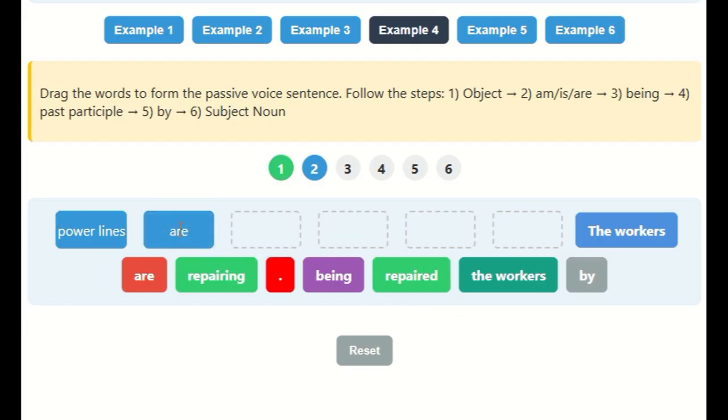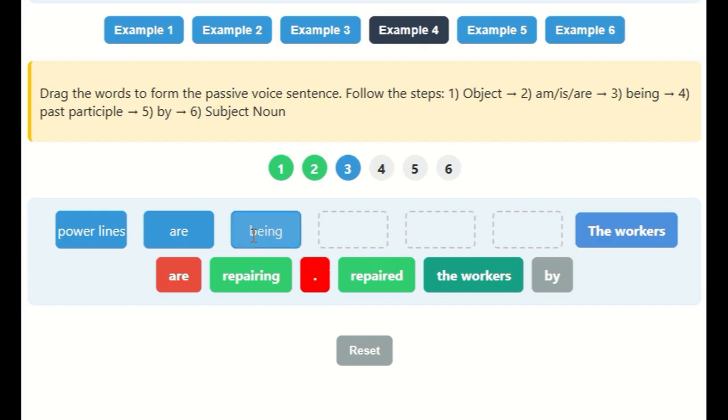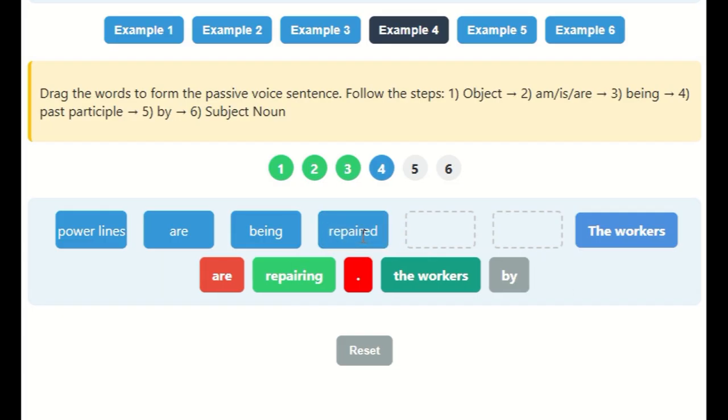Because the object power lines is a plural noun. Then bring the being verb. And past participle form of the verb repairing, which is repaired. Right, the power lines are being repaired. Is it clear to you?